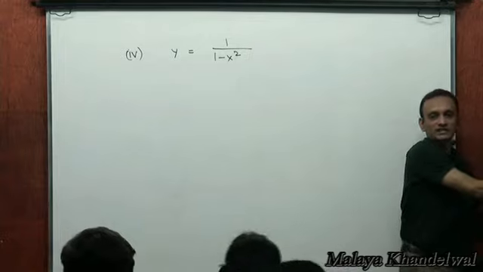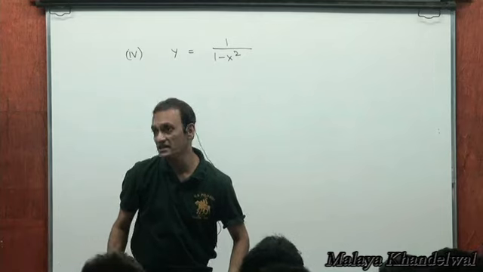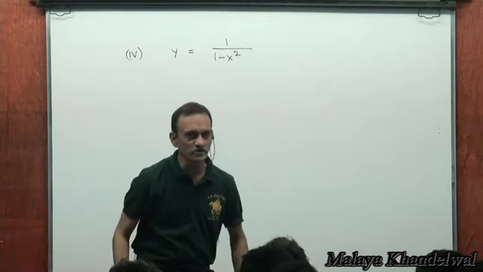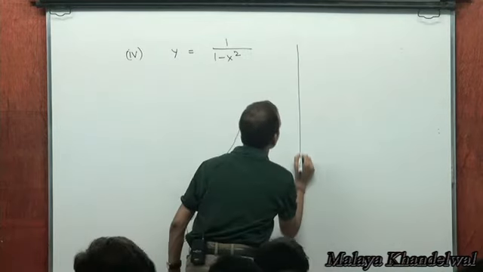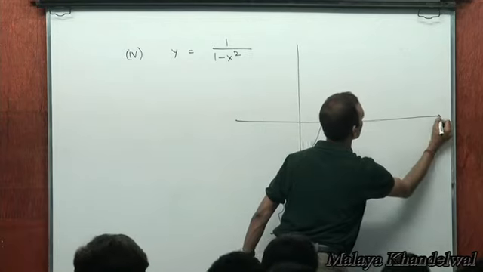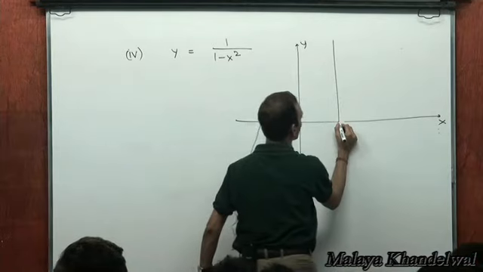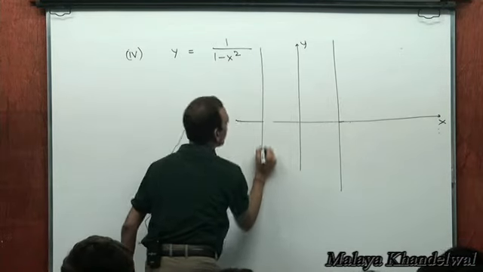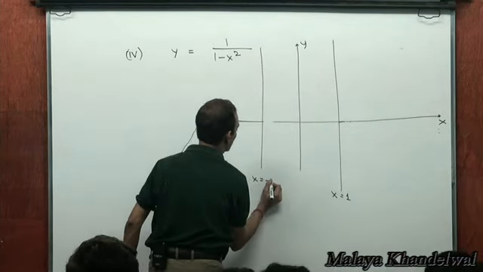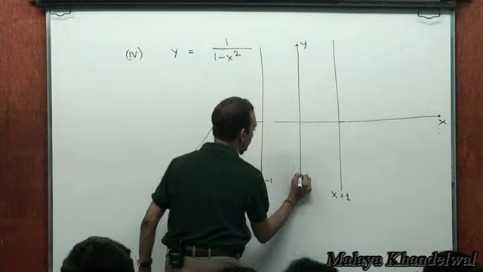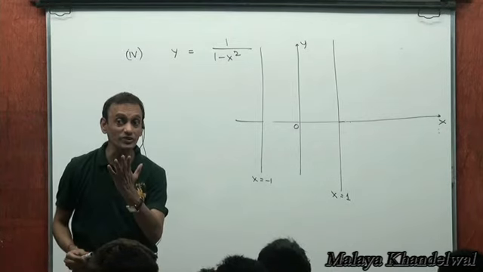Y equal to 1 by 1 minus x squared. Two asymptotes, plus 1 and minus 1. Two vertical asymptotes, x equal to plus 1 and x equal to minus 1 for this function. And only even powers of x.